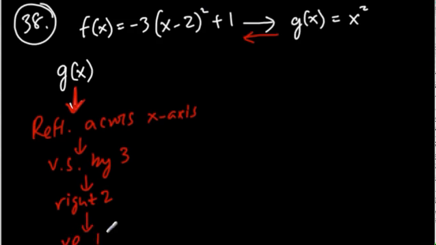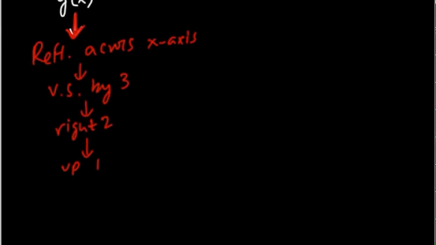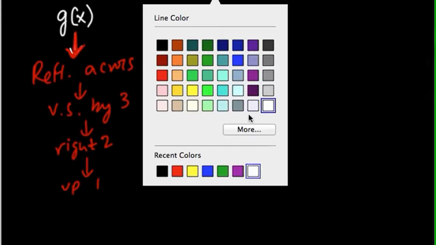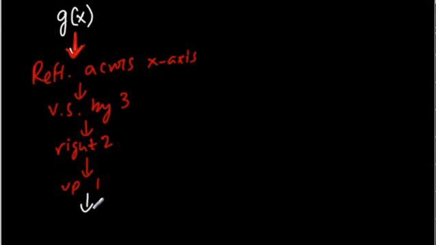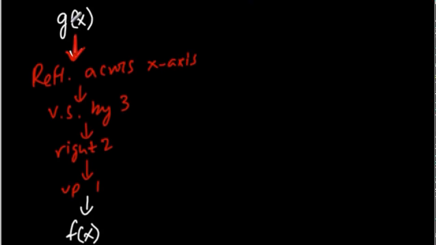We move up 1, and basically that's, let me just show that there. So that's going to give us at the very end f of x, right? And it sort of makes sense because we're going to go from x squared to that, which makes sense that we would go from g of x to f.